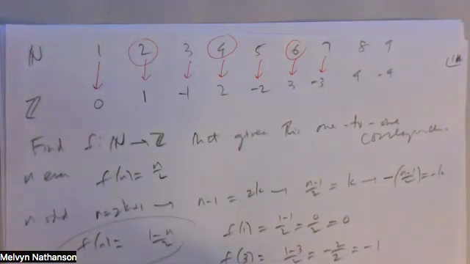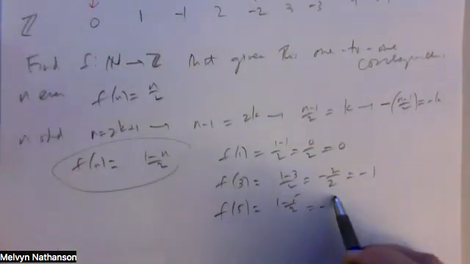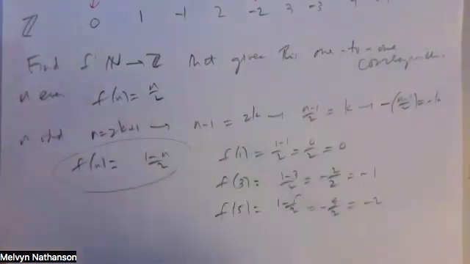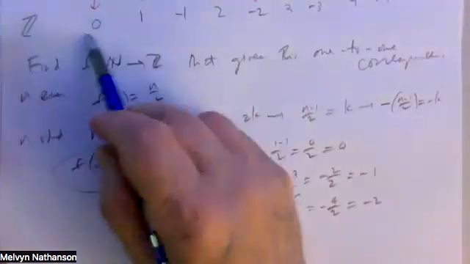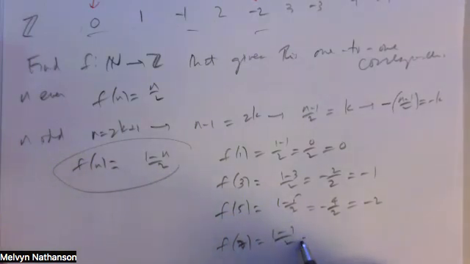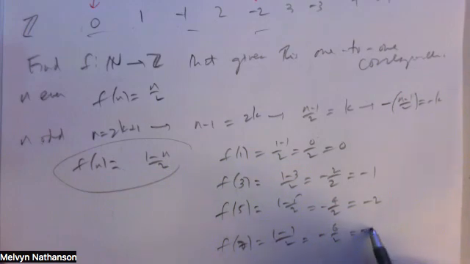That's this. f of 5 is 1 minus 5 over 2, which is minus 4 over 2, which is minus 2. That's this. f of 7 is 1 minus 7 over 2, which is minus 6 over 2, which is minus 3. It looks like this is going to work.